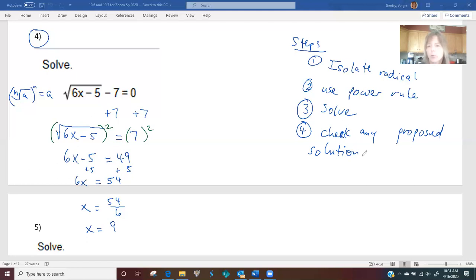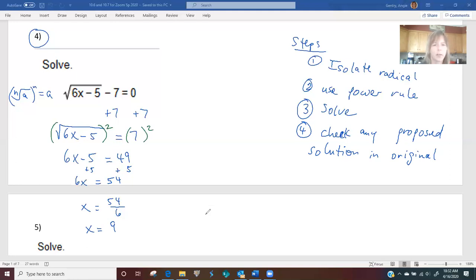Check any proposed solution in the original. You'll see later why that is mandatory. Students have a hard time doing that because we tend to take shortcuts when we're checking because we run out of time. Well, you can't do that anymore, not in the radicals.